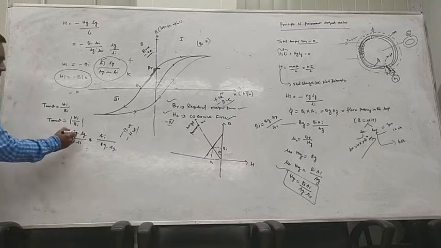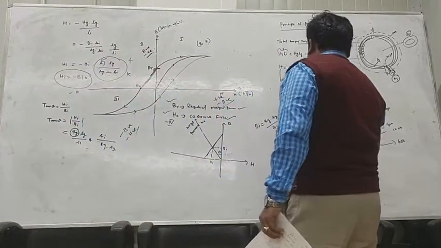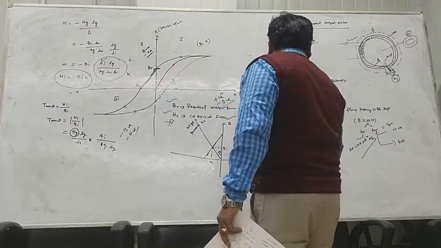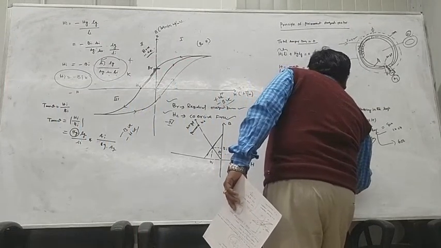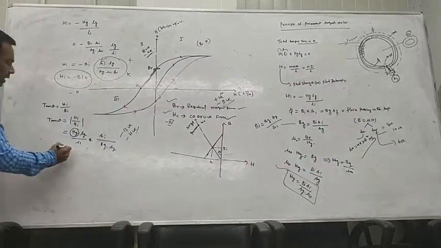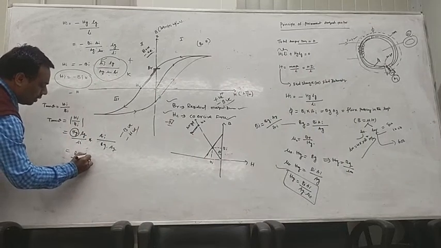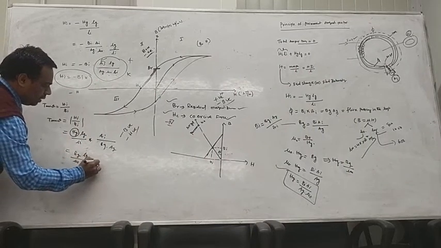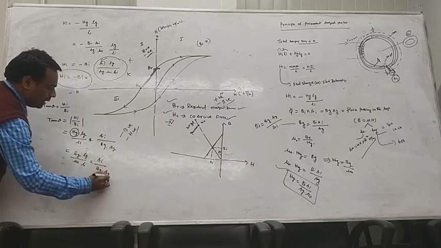Again, Hg is equal to Bg by mu naught. So I am replacing Hg by Bg by mu naught, into Lg into Li into Ai by Bg into Ag.